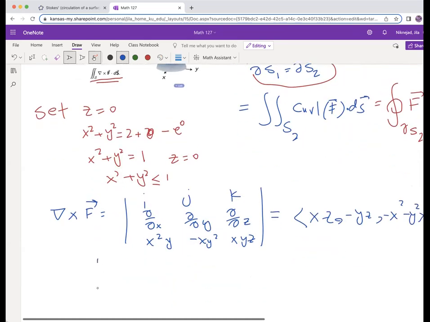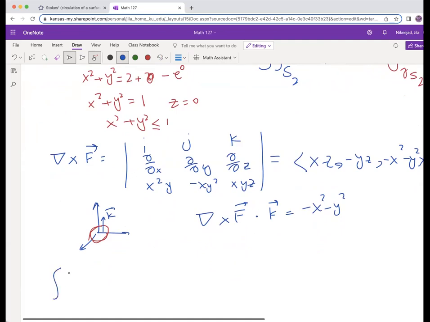Now we're computing this curl in the outward direction on the disk of radius 1 in the xy plane, so the upward direction for this disk is just k. If I dot the curl with k, I get negative x squared minus y squared.